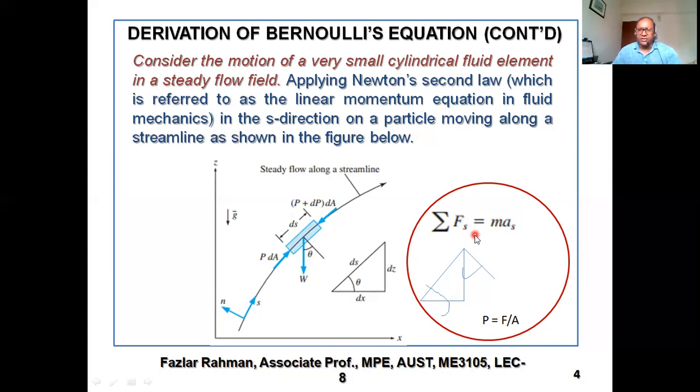What is a streamline? At every point you draw a tangent, and that gives you the direction of the velocity, right? That is shown over here as the vector. This is S, the direction of the velocity, and this is the normal vector to the streamline.